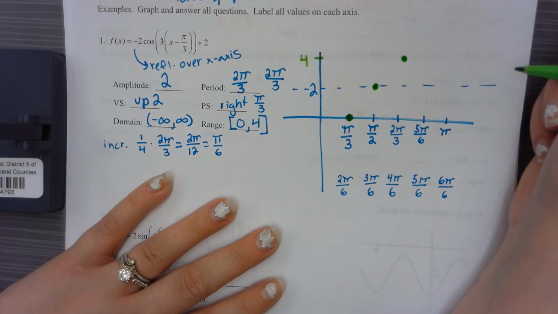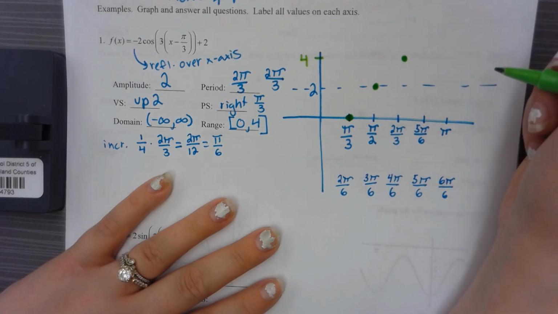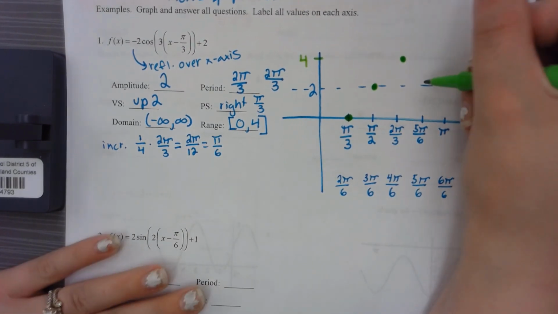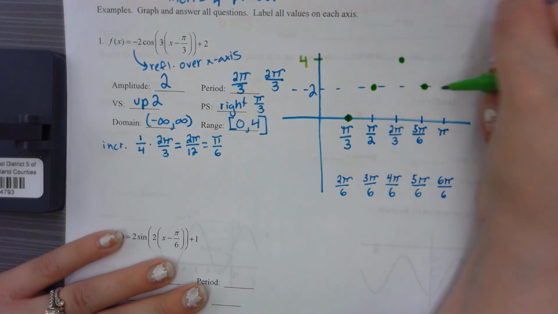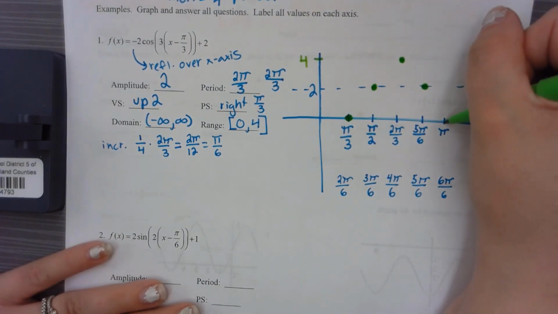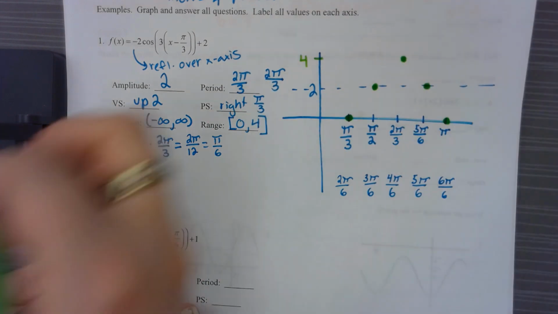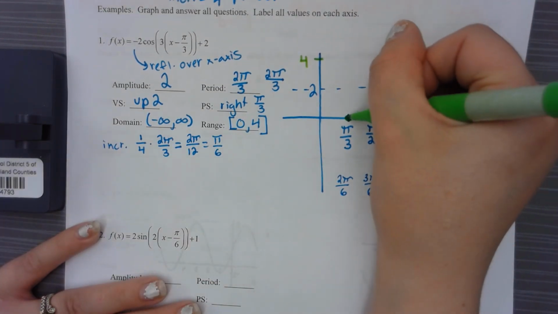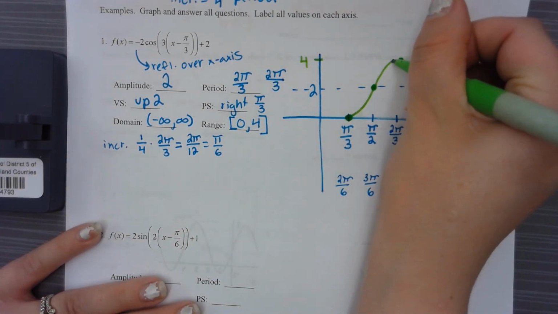And then where should I be? 0, but up 2, so it'd be at 2. And then finally I'll be at 0, back where I started. Right? And so the graph will look something like this.